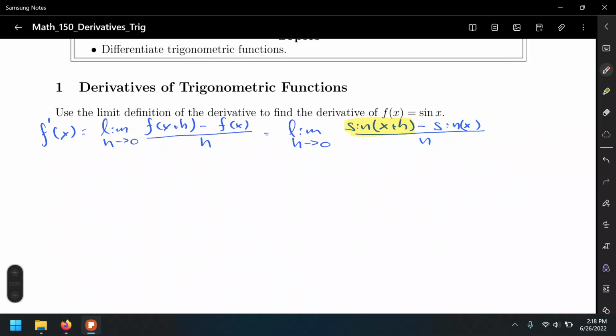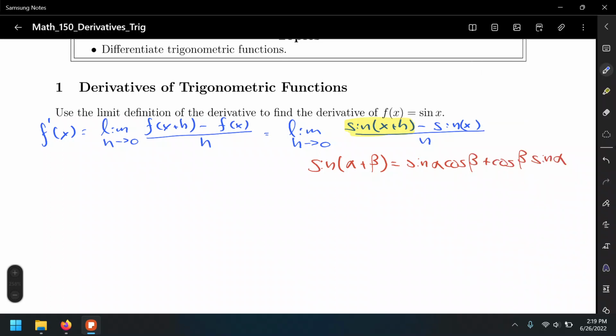Let me write it down, of course. That identity says sine of alpha plus beta equals sine alpha cosine beta plus cosine alpha sine beta. In this case, our alpha is the x and our beta is the h.